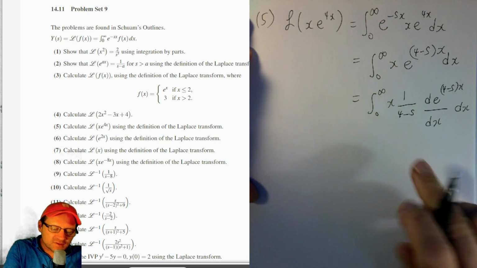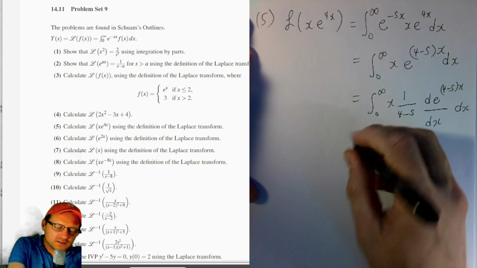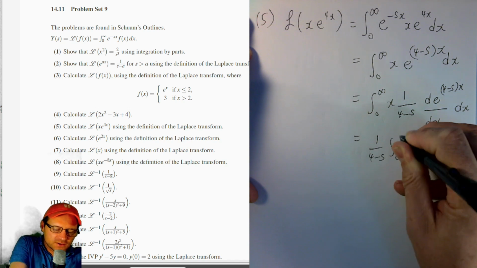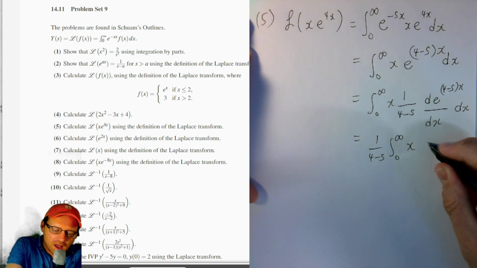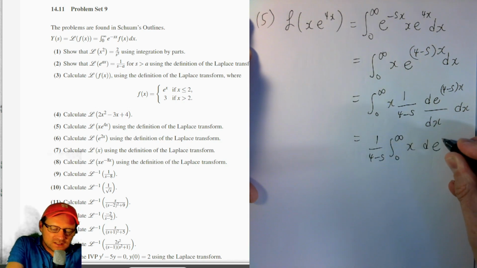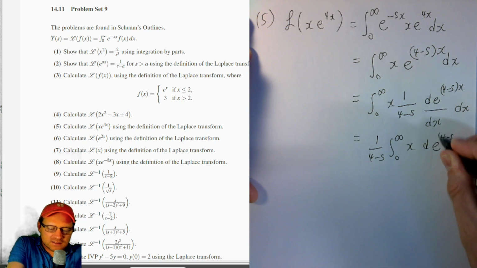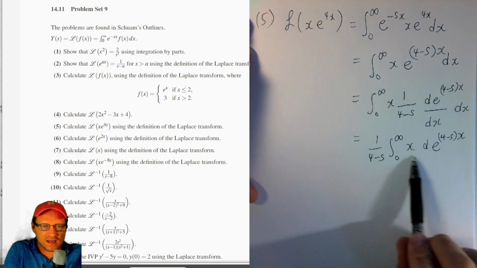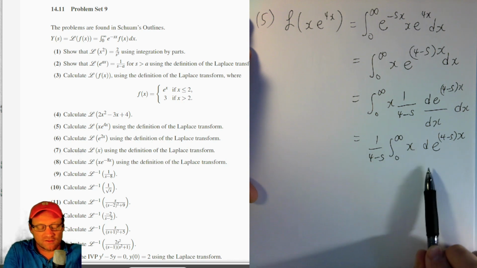Okay, and so simplifying that, we can bring this out the front. So 1 over 4 minus s, integral from 0 to infinity of x with respect to e to the 4 minus s brackets x.